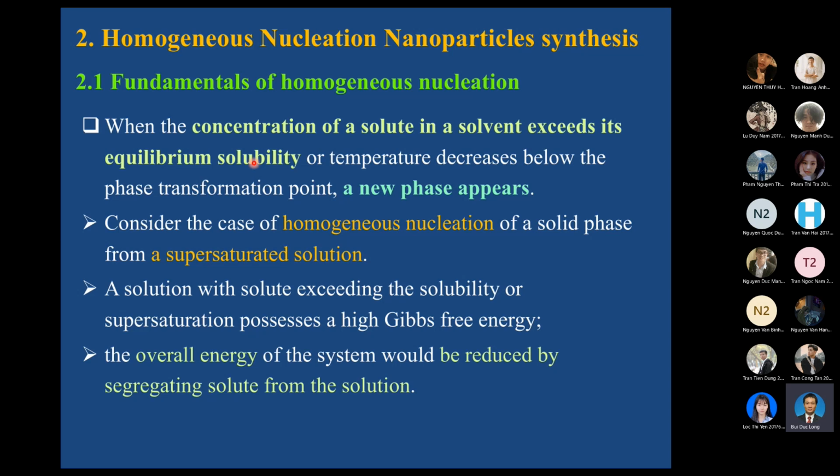It means the system will not be stable anymore. So to reduce the energy of the system, it has to form a new phase. That's why we have to have a solution with what we call supersaturation, to form this kind of nanoparticle.